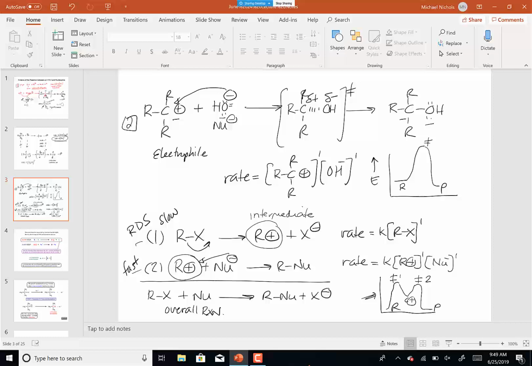Step 2 is the fast step, relatively speaking. So in other words, we wait for the carbocation to form. We're waiting. It forms. Nucleophile adds.